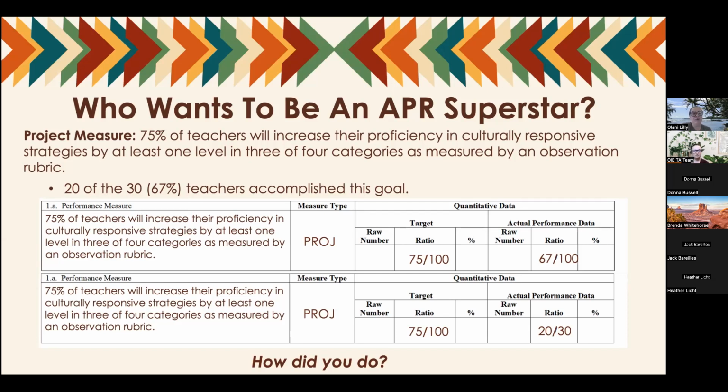The other way you could report that goal is to put that percentage and then actually provide the actual number of teachers who are able to meet that measure. And so you see here where, again, 30 is calculated as the percentage of 75, and then 20 teachers were actually able to meet that goal.